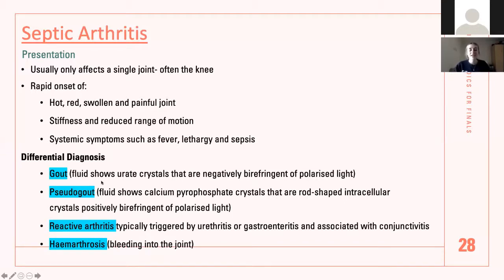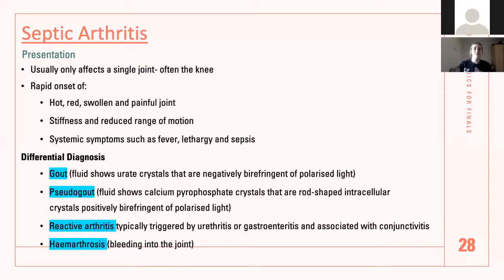Something like an exam tip to remember as well: an exam question could be that a young patient presents with a single acutely swollen joint. Always think of gonococcal septic arthritis until proven otherwise. A gonorrhea infection is quite common, and delaying treatment puts the joint in quite a lot of danger.